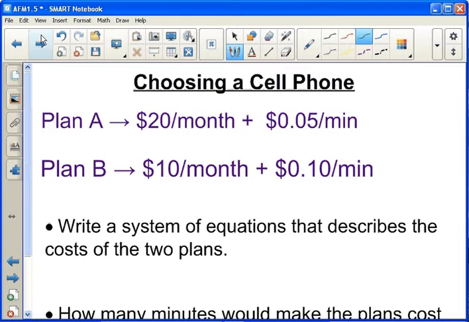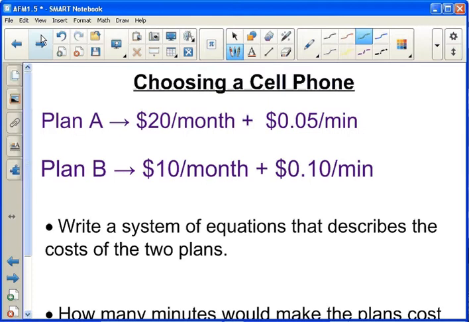So let's just, before we get into the math problem, talk about this a little bit. Plan A starts off more expensive. It's $20 a month. But it only charges you 5 cents a minute. Plan B starts off cheaper, $10 a month. But then they charge you more per minute, 10 cents a minute. So hopefully your intuition is already telling you, well, if I'm going to talk a lot, then Plan A is probably going to save me money in the long run.